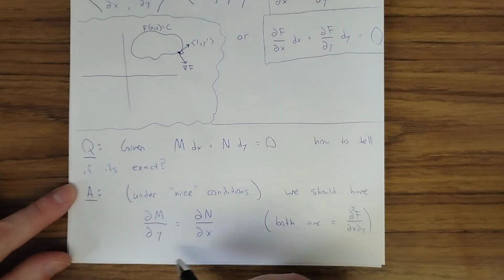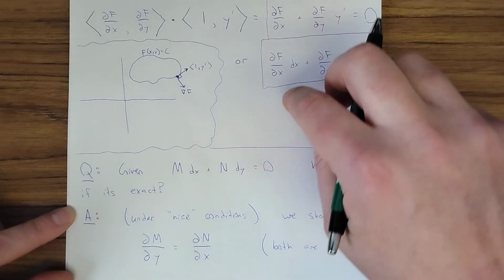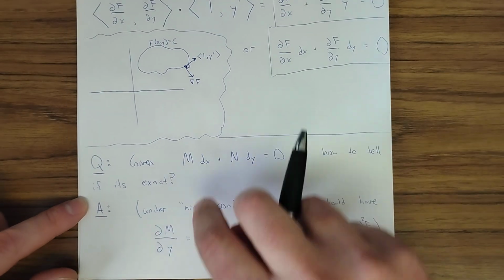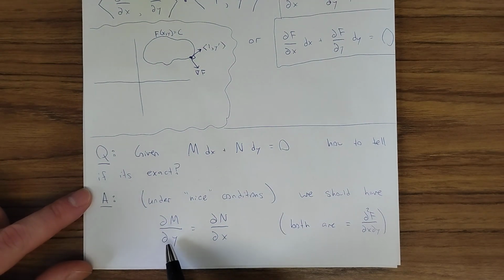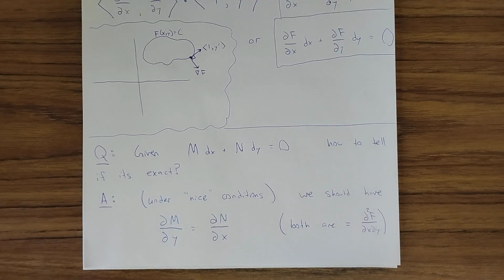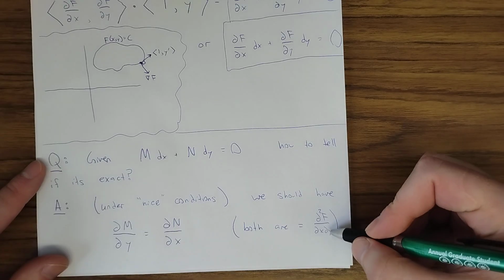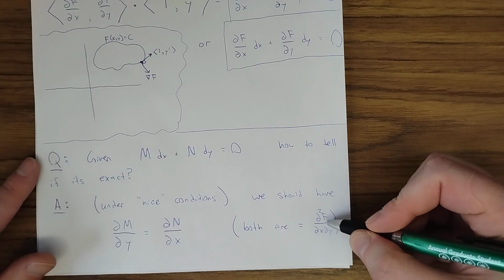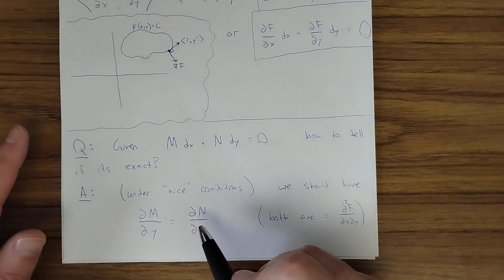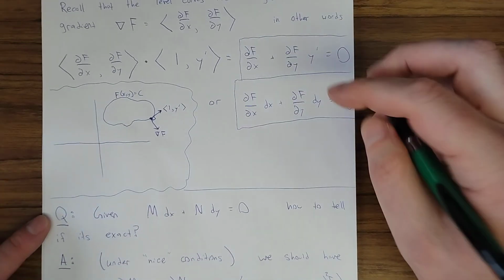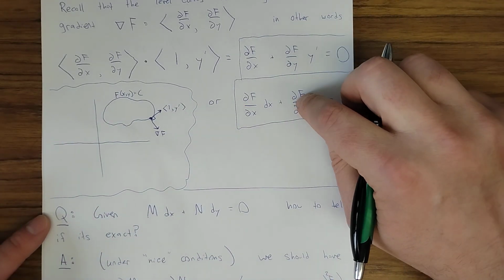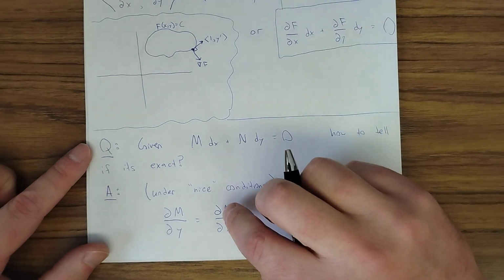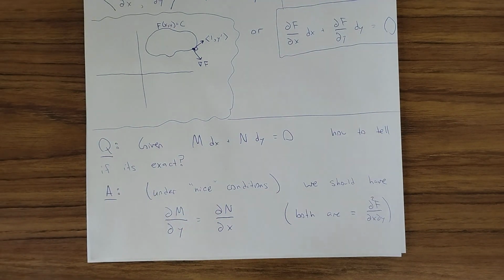In other words, if M is supposed to already be the partial with respect to x, and I do the partial of that with respect to y, that's one way of getting the mixed partial derivative of f. And I should get the same answer as if I took the derivative of f with respect to y, which is N, and then did the derivative of that with respect to x, because the order shouldn't matter.